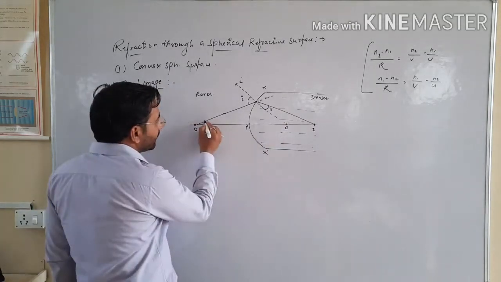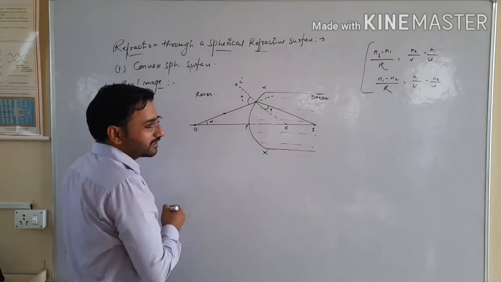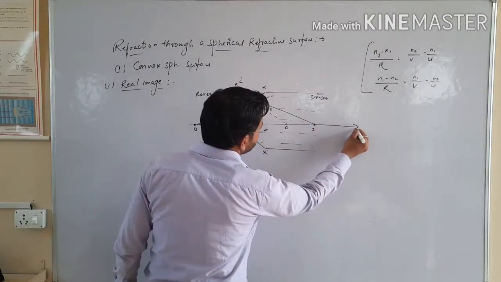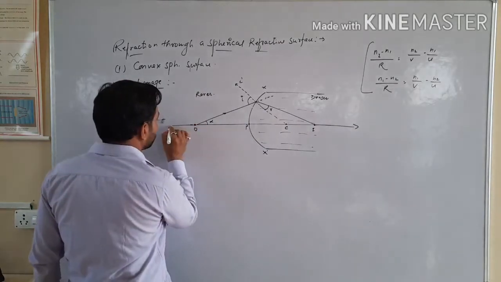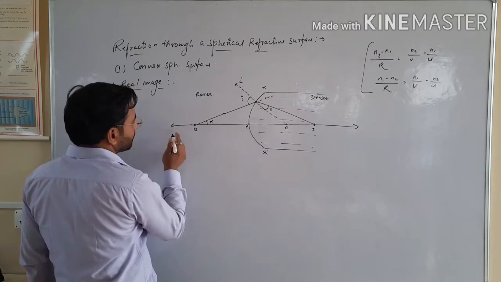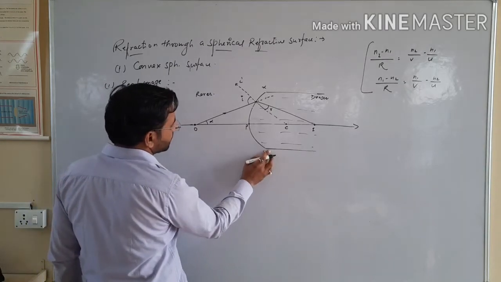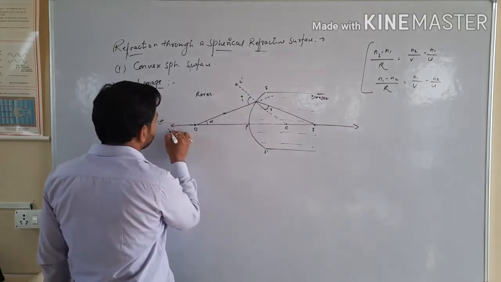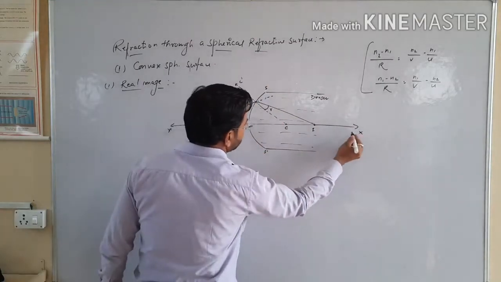Now suppose alpha is the angle of the object with respect to the principal axis which passes through P, where S to S dash is the surface and X dash to X is the axis.